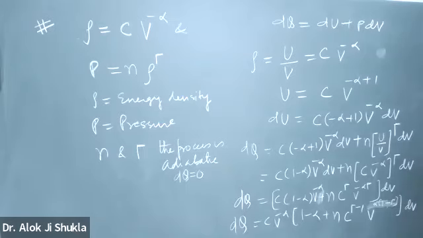So what happens? Tell me. To make this equal to 0, what should I do? Gamma I should make 1, so that this value will become 1, and alpha I should make 1 minus n.